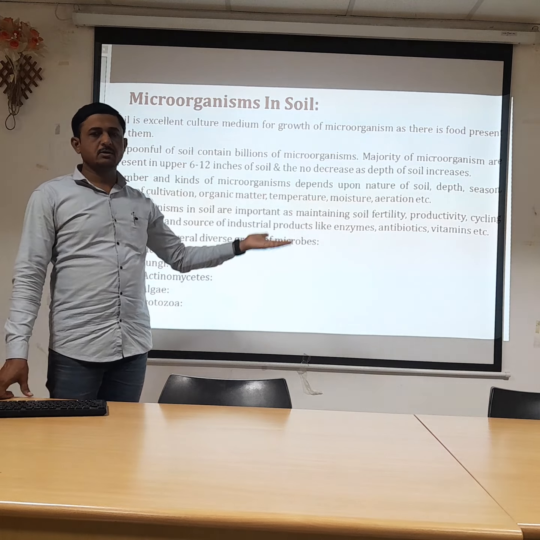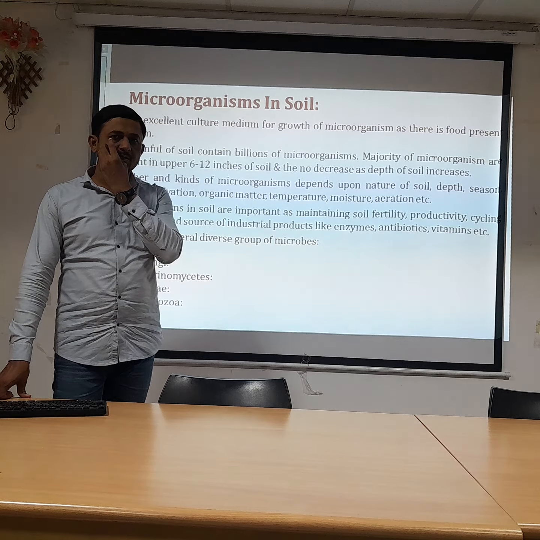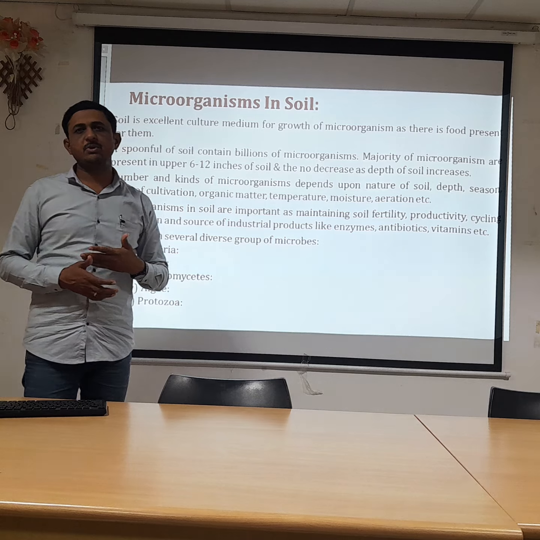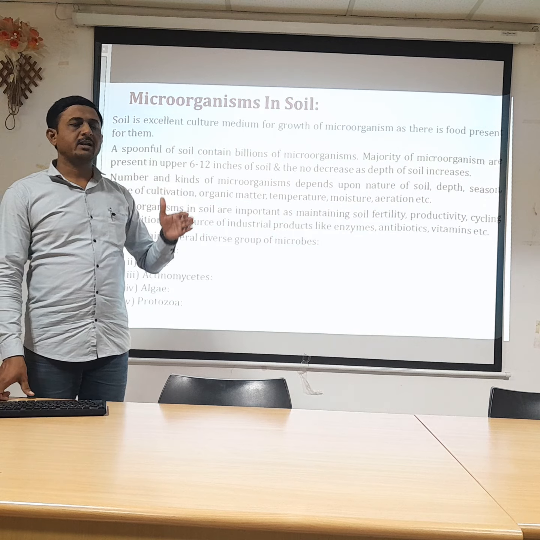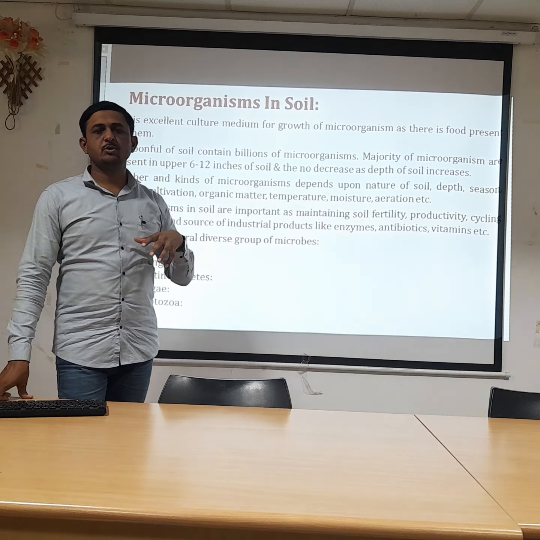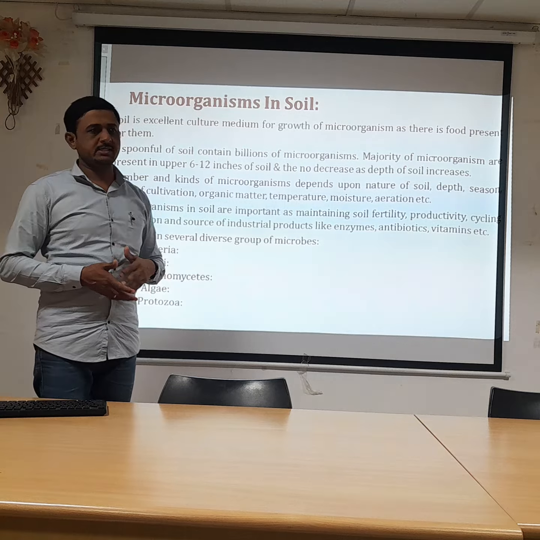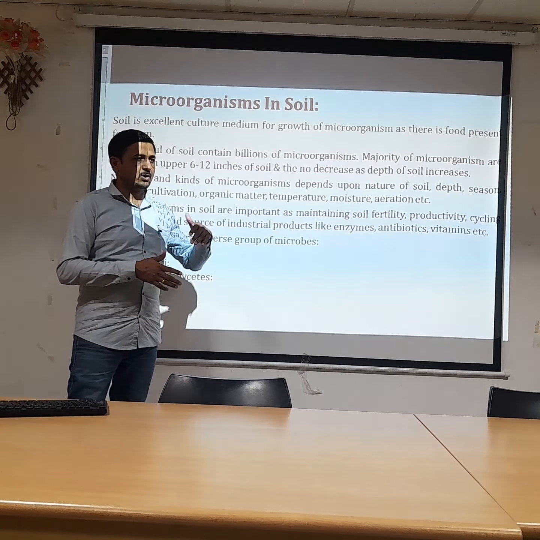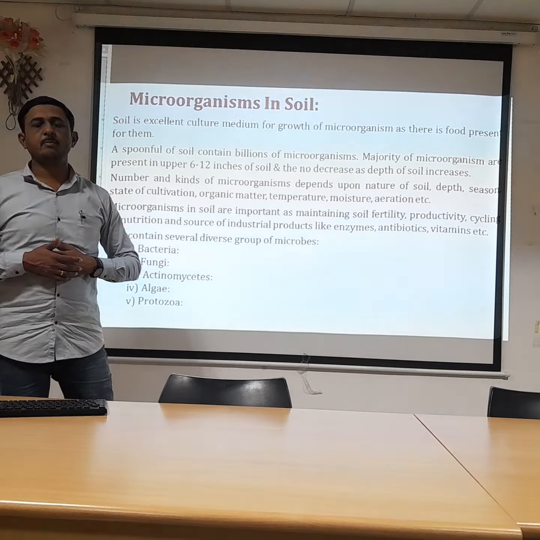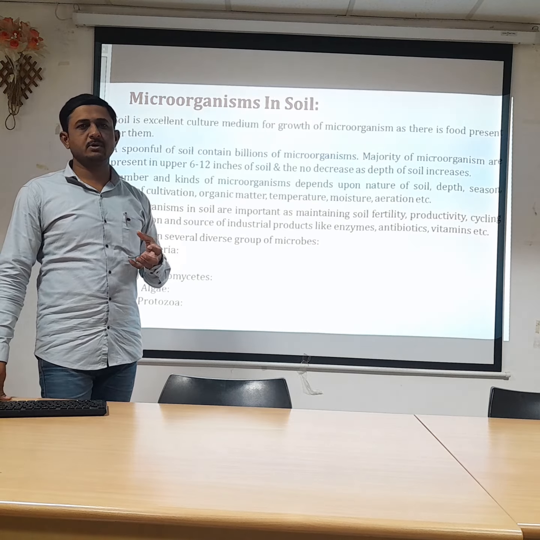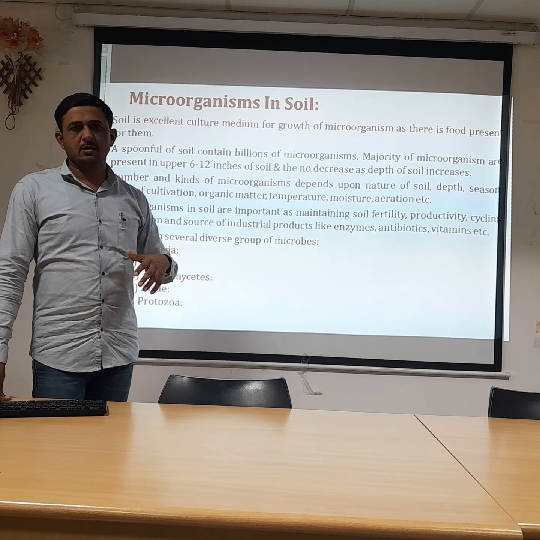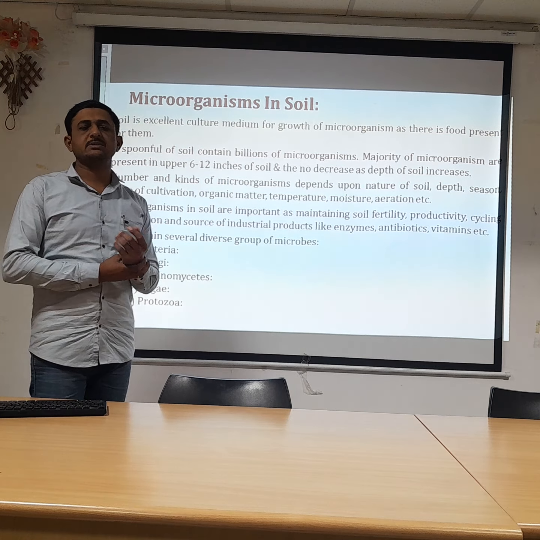As in the last slide we already discussed the different layers of soil, and up to horizon B the organic matter composition of that soil slowly decreases. That's why the nutrients, oxygen, and other requirements for the growth of microorganisms decrease.